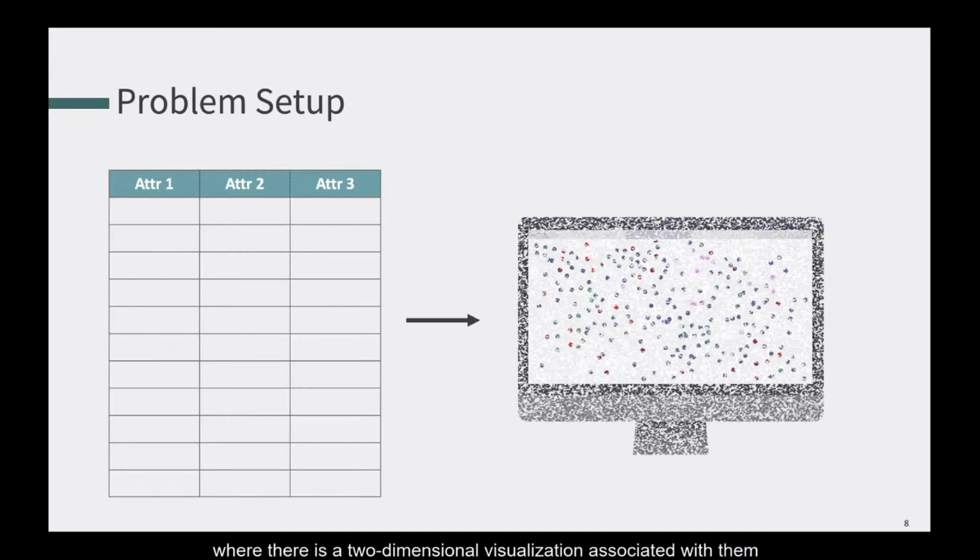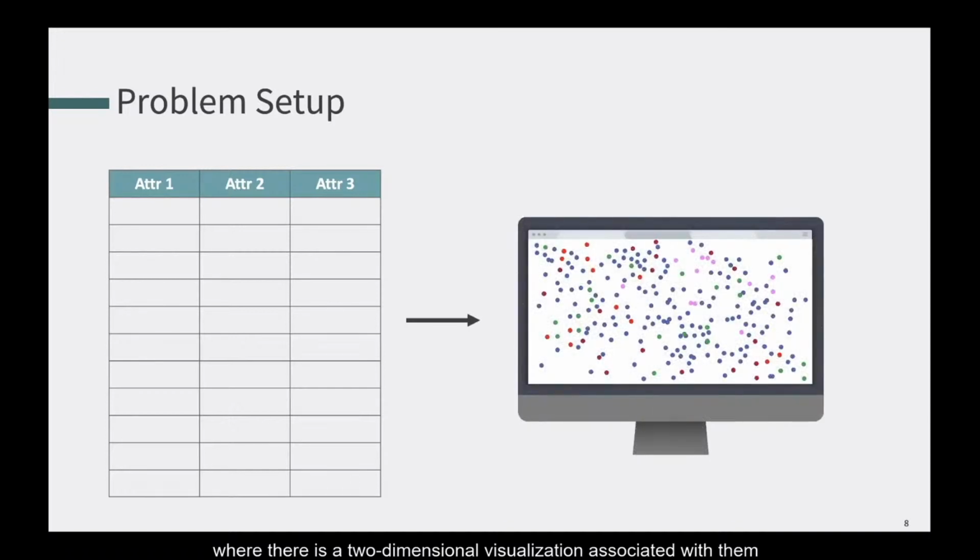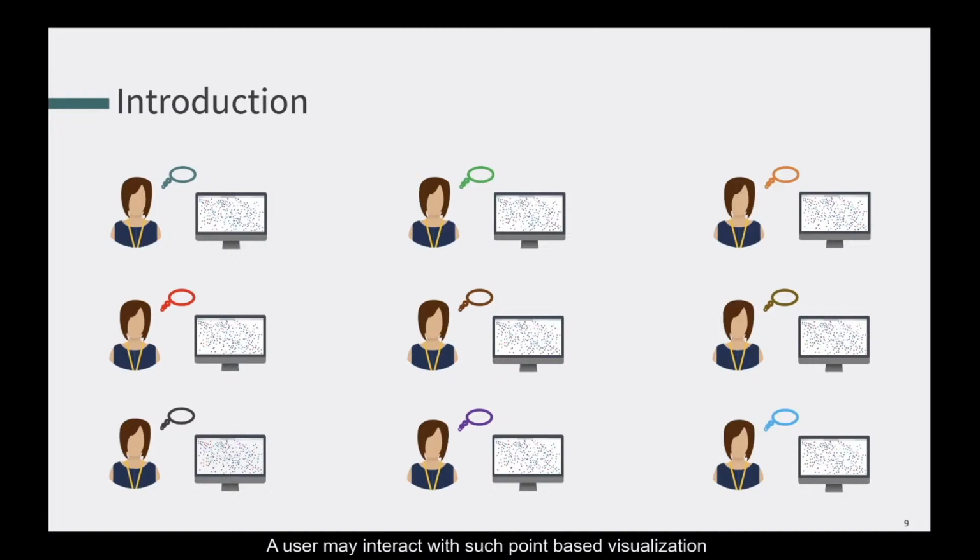In this work, we consider multidimensional datasets, where there is a two-dimensional visualization associated with them, and each point in the dataset corresponds to one point on the visualization. A user may interact with such point-based visualization through different patterns in terms of which attributes drive interactions.